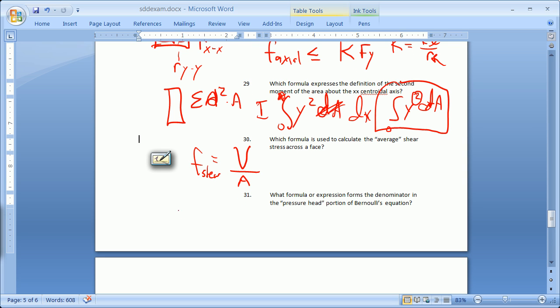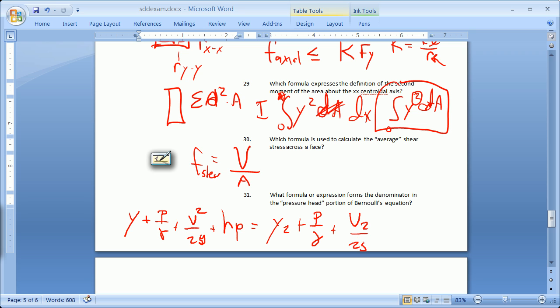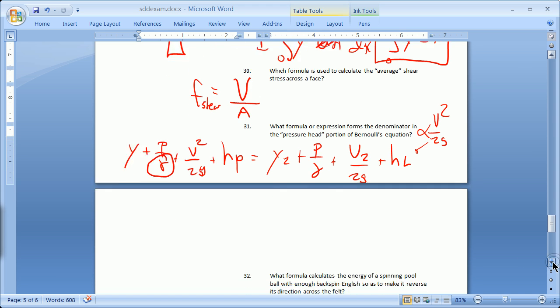Again, maybe it's unfair to repeat something over and over again, but y is the elevation head, plus the pressure head, plus the velocity head, plus any head of the pump, equals, at some other point along a flow line, the second y, plus the second pressure over gamma, plus the second velocity squared over 2g, plus some head loss, and head loss is proportional to velocity head. And so what forms the denominator of the pressure head? Gamma, unit weight. Moving on.